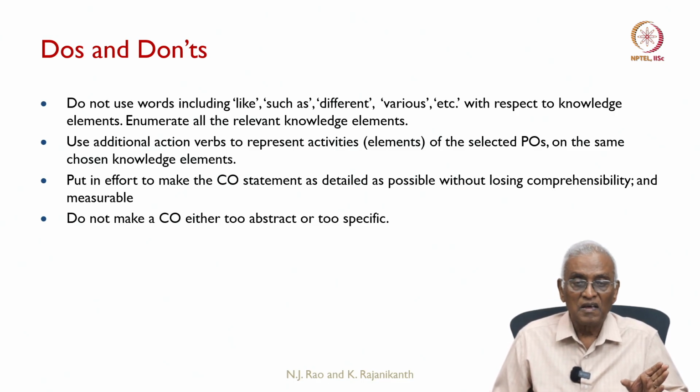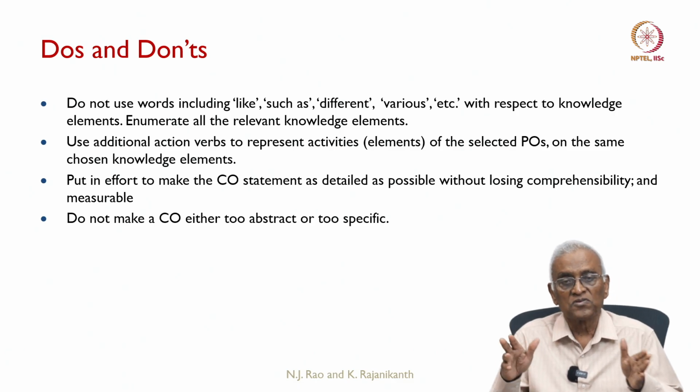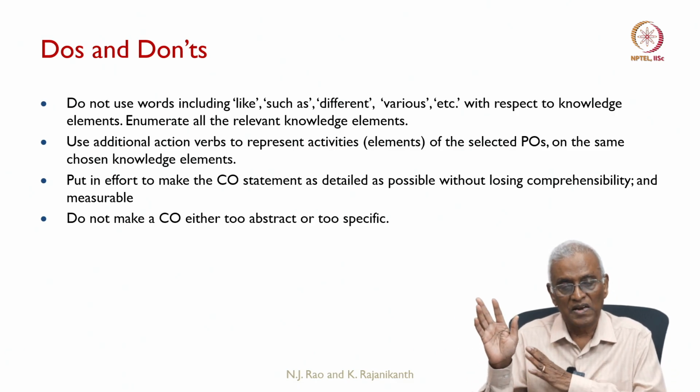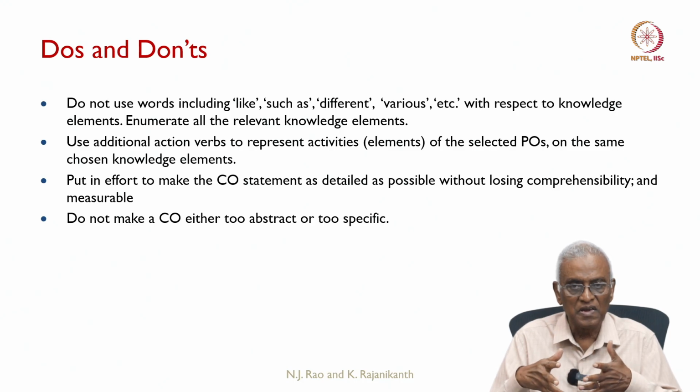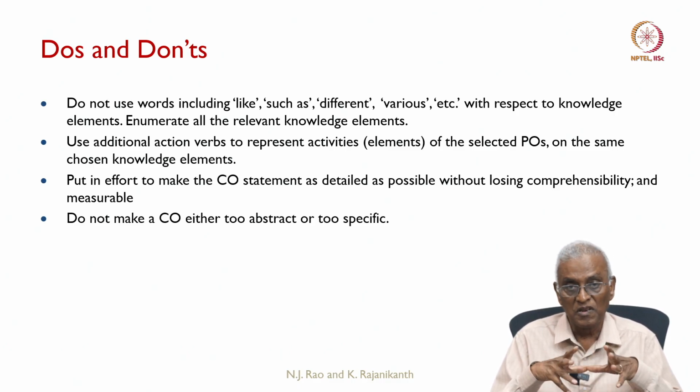But while you are doing that, the knowledge element should remain the same. I have mentioned that already, but I am repeating it because that is where people are likely to commit an error. Put in effort to make the CO statement as detailed as possible.